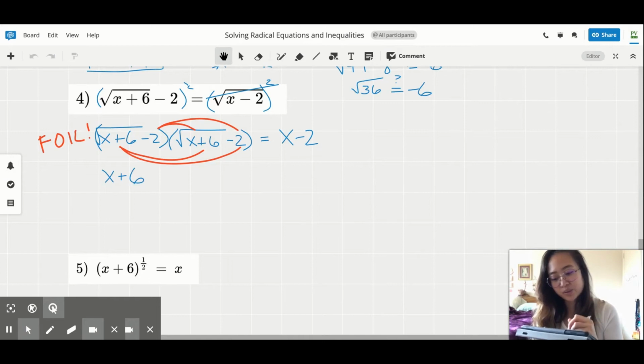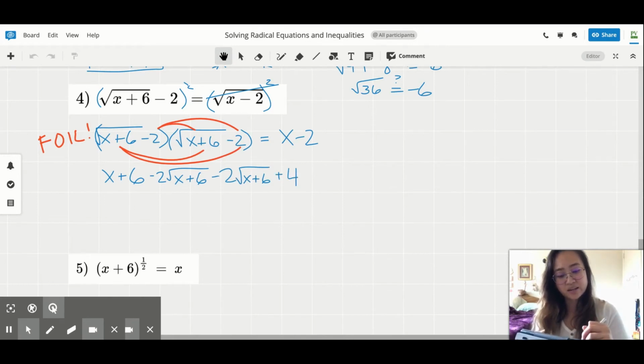The next one will be negative 2 times our root, another one of those guys for the inner terms, x plus 6, and then the last ones are plus 4. And still that x minus 2 on the right.